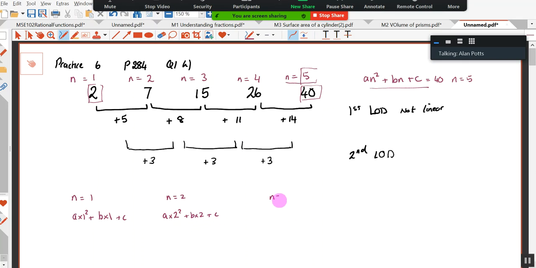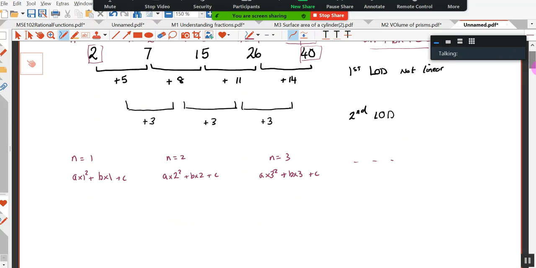When n is 3, a times 3 squared plus b times 3 plus c, and so on. That makes sense to everyone, yeah? So this simplifies to a plus b plus c. This is 4a plus 2b plus c. This is 9a plus 3b plus c.